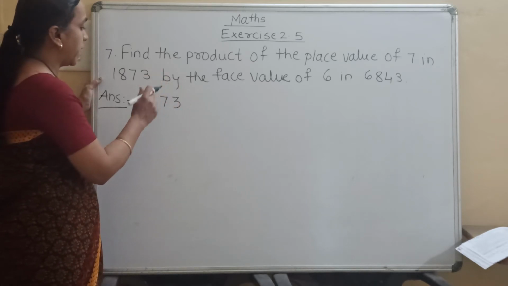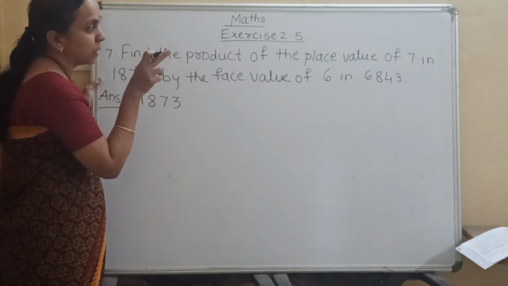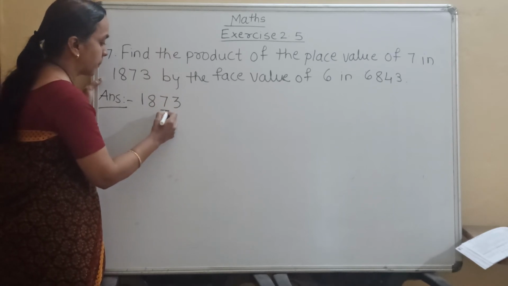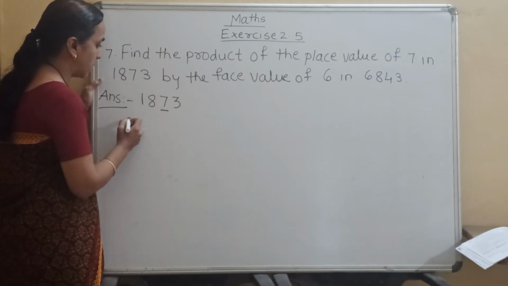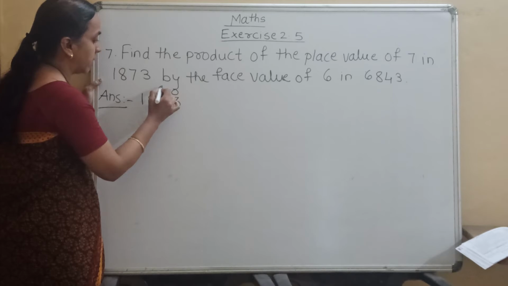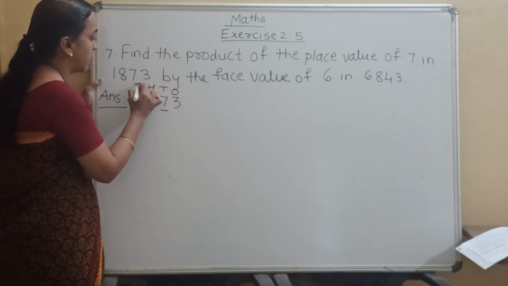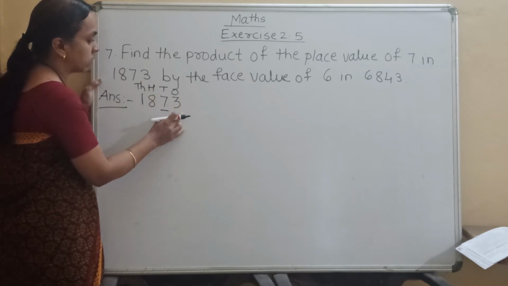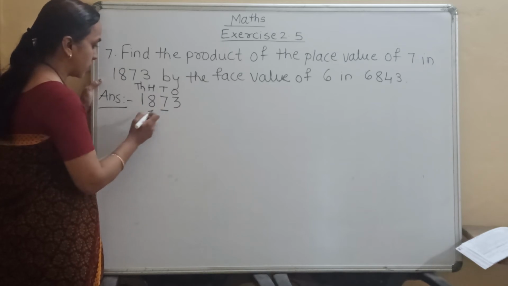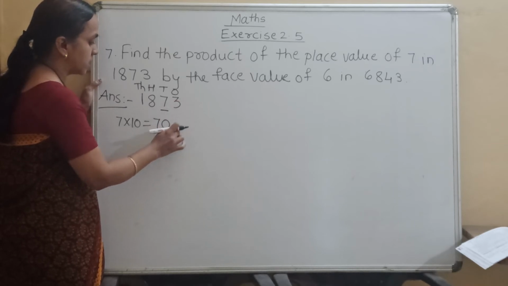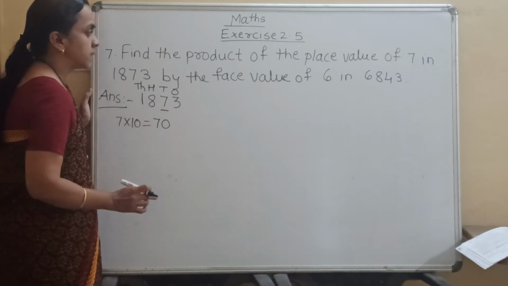So what do we have to find out here? We have to find out place value of 7. So place value of this 7 is, first you write ones, tens, 100, 1000. So start with ones, tens. So tens means 7 multiplied by 10. 10 sevens are 70. So this is place value of this 7.